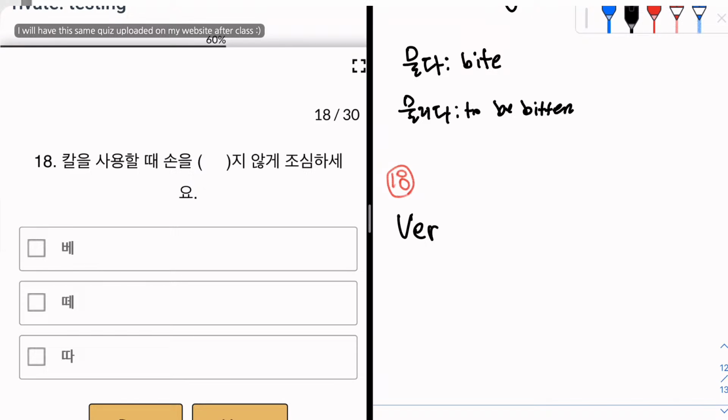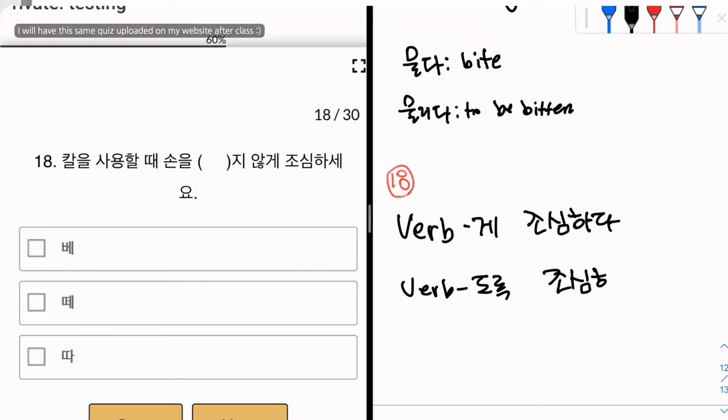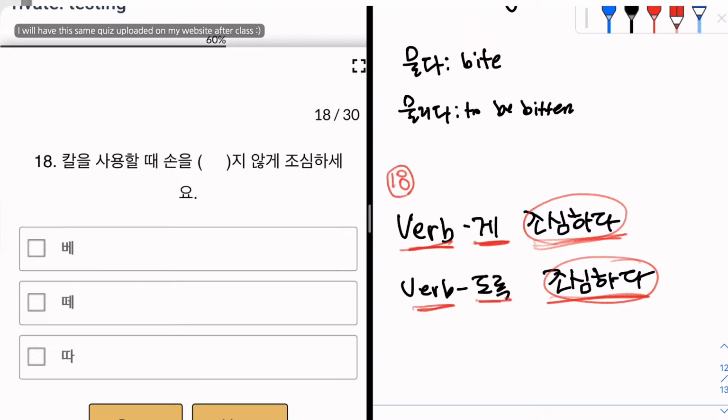So if you say verb 게 조심하다 or verb 도록 조심하다. 조심하다 means to be careful, to act carefully. So it means to act carefully or to be careful so that you verb.